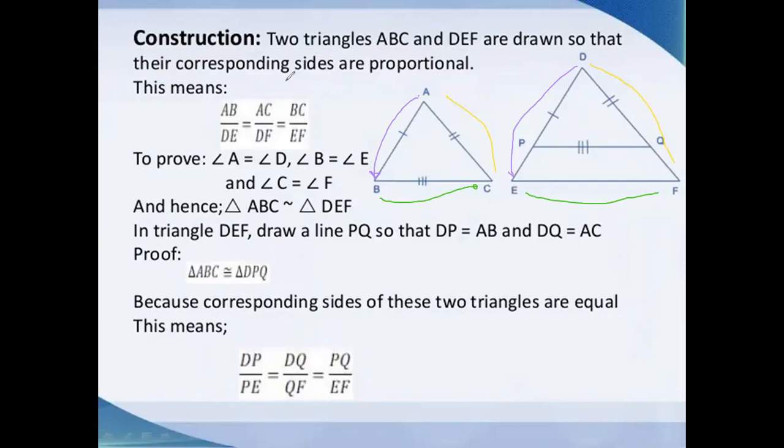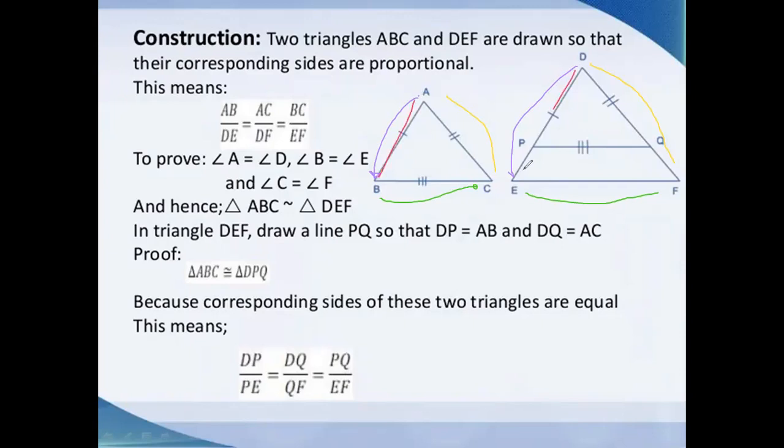So if we try to check and use the ratio and proportion of the two triangles, then we can counter check using this ratio or this proportion: AB over DE. Take note, do not interchange the sides. AB over DE, do not change.